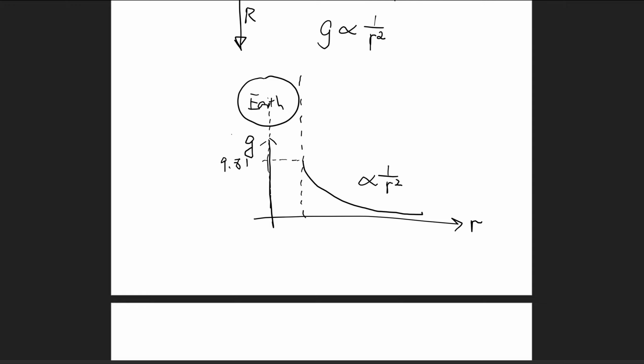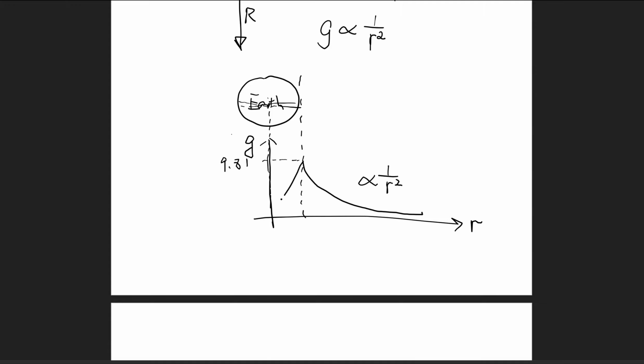If the object is inside the Earth, what does it mean by inside the Earth? Let's say we have constructed a tunnel inside the Earth, so that you can put any object at any place inside the Earth. Then the gravitational field strength will be proportional to r.